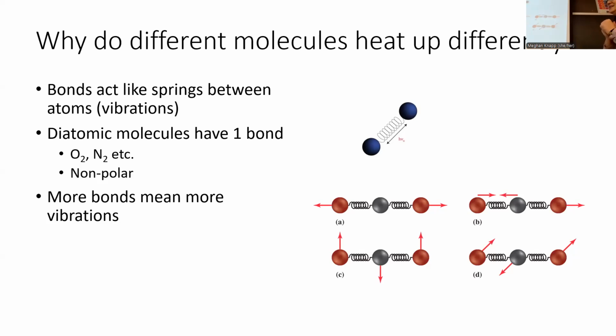So a diatomic molecule, so di means two, it has two atoms. Diatomic molecules have only one bond. So this might be, with the blue, nitrogen, N2. And so that bond vibrates. And it turns out that they have certain preferred frequencies.